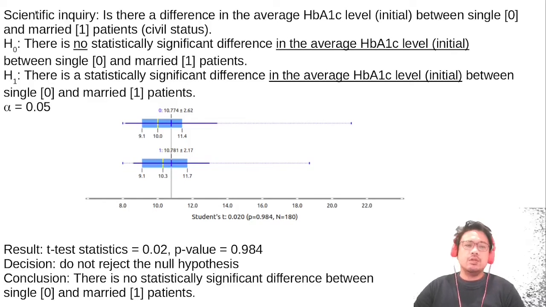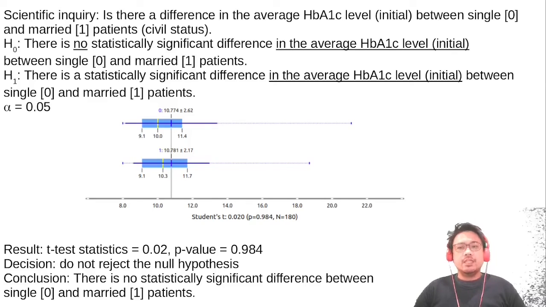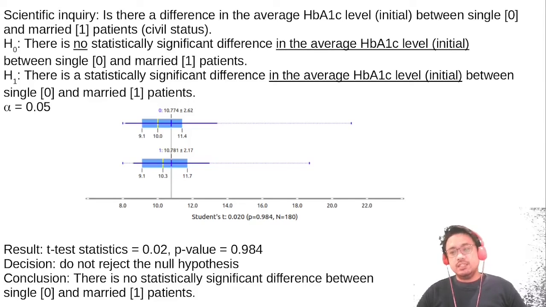Our null hypothesis is there is no statistically significant difference in the average HbA1c level between single and married patients.